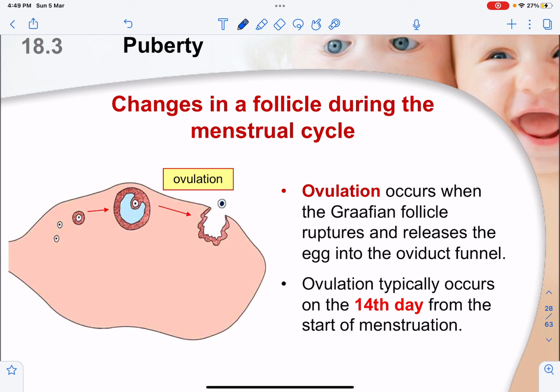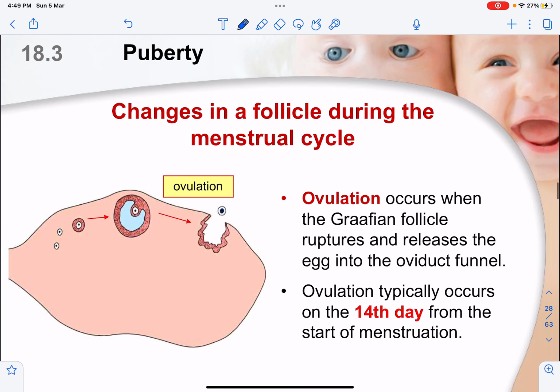Ovulation occurs when the Graafian follicle ruptures, releasing the egg into the oviduct, and it typically occurs on the 14th day from the start of the menstrual cycle. The first day is counted as the day of discharge.